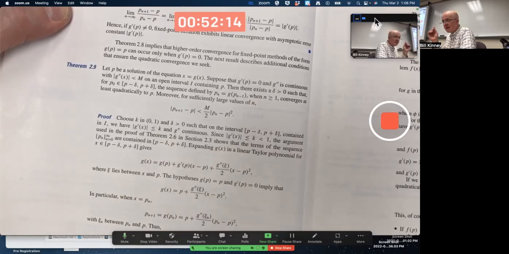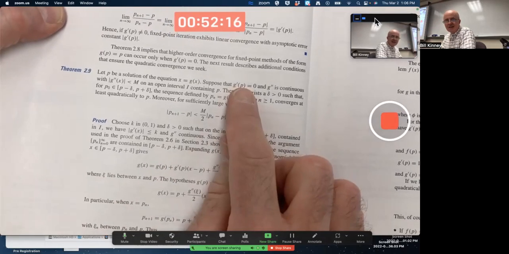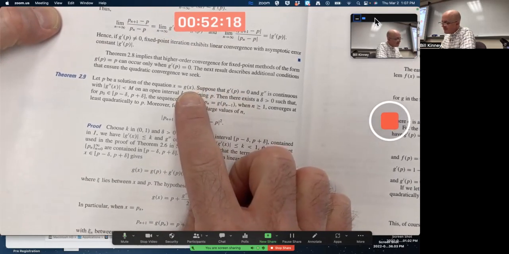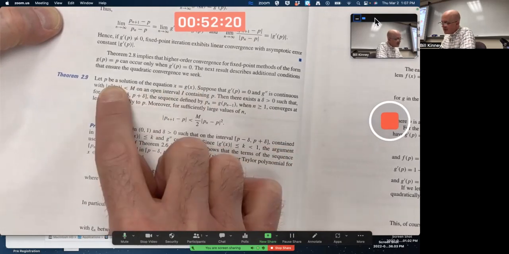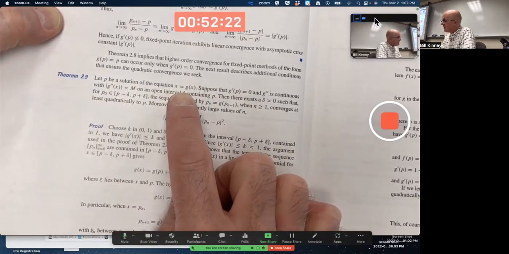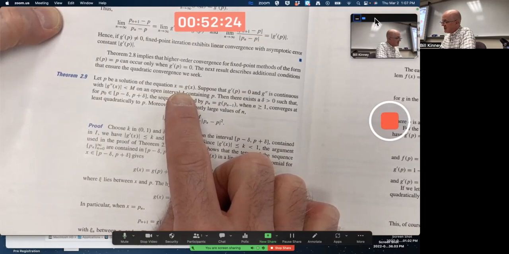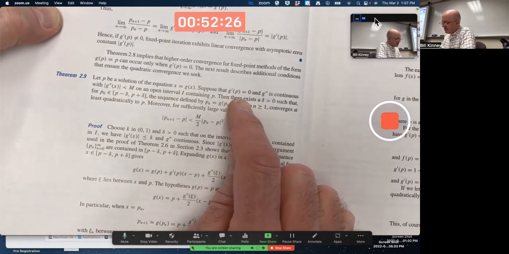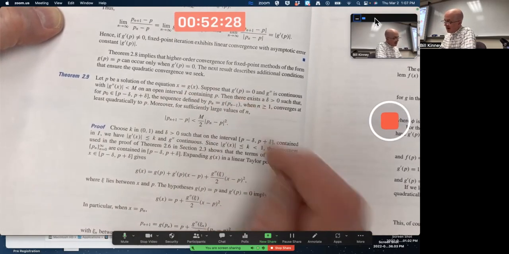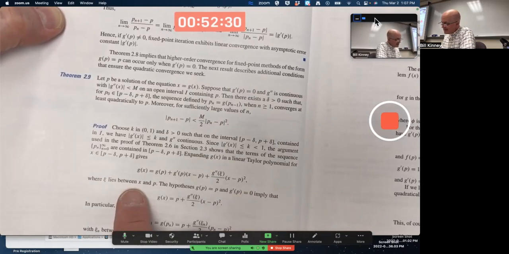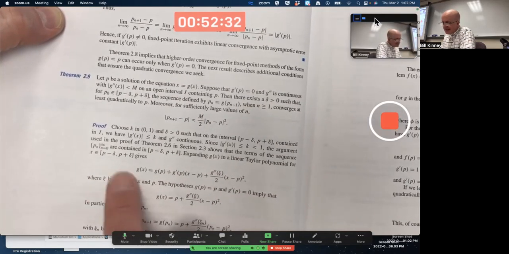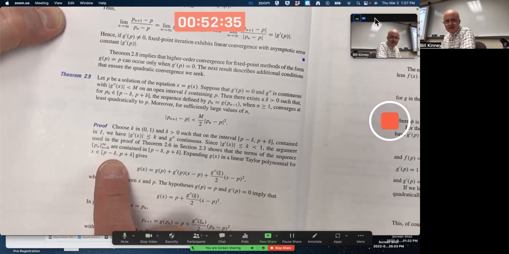P is a solution of that equation, so it's a fixed point of G. G prime of P also happens to be 0. X, what's X? X is any number between P minus delta and P plus delta.